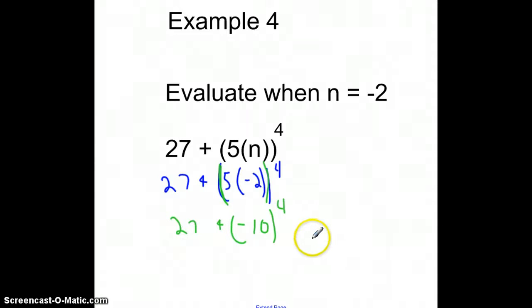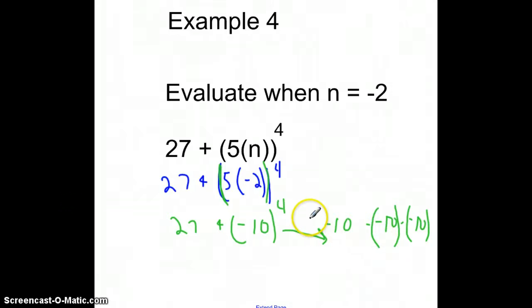So really what you've got here is negative 10 times negative 10 times negative 10 times negative 10. Let's put those in parentheses so we can see it a little clearer.